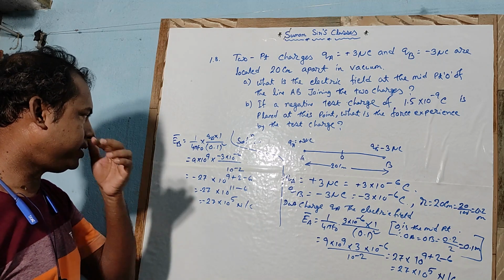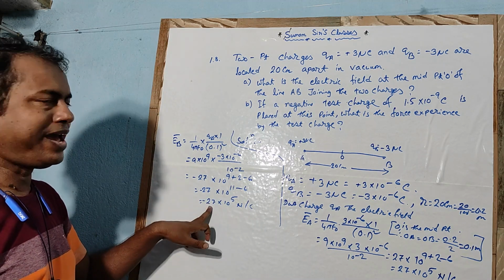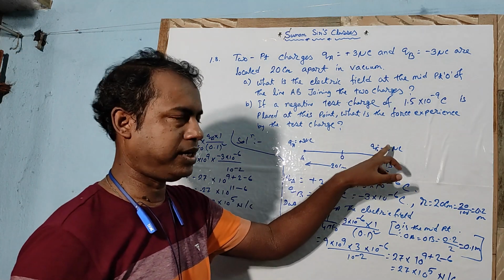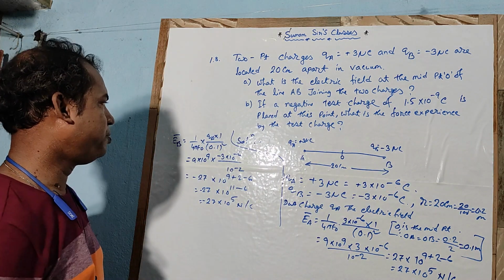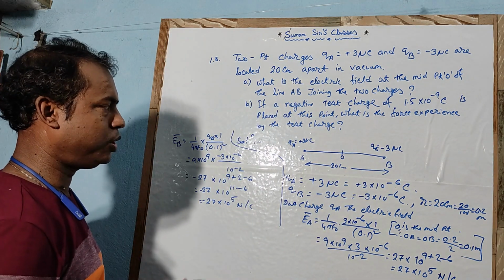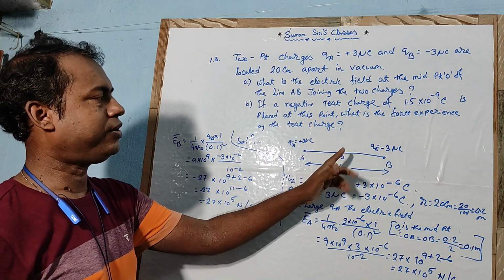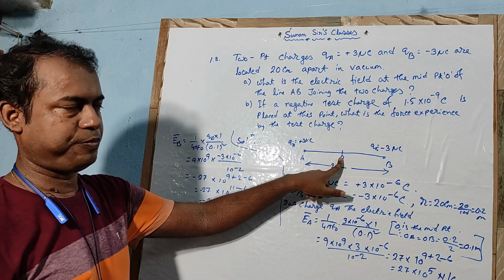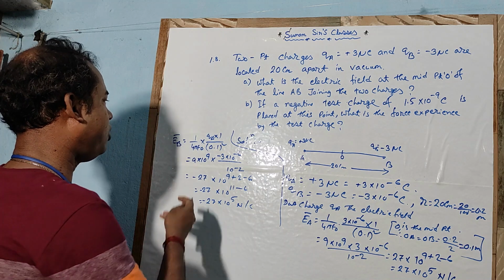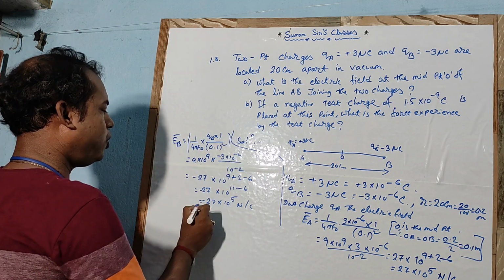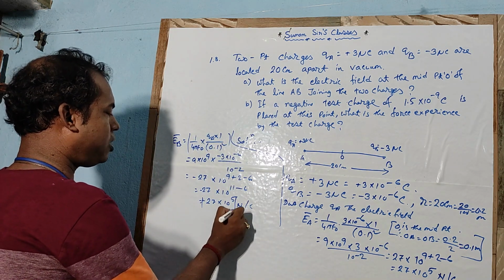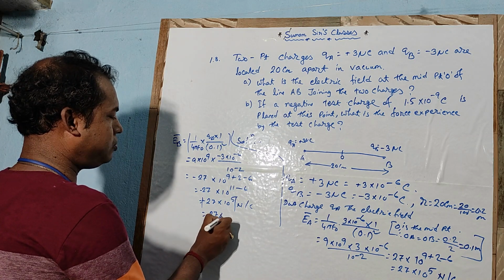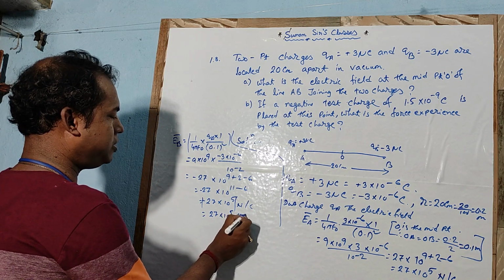This negative sign arises due to the negative charge. For calculations, since we want to find out the total field at the point O, we can take the mod value of this. So 27 into 10 to the power 5 Newton per Coulomb.